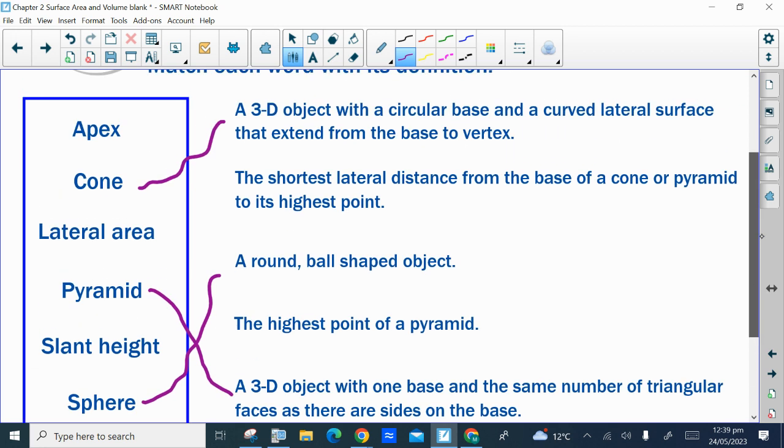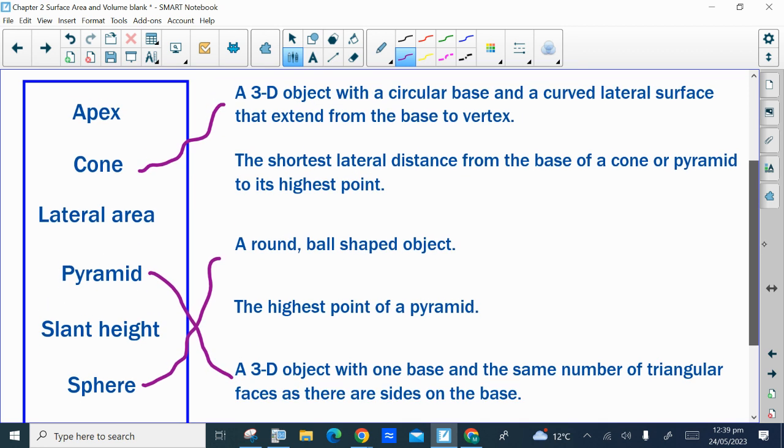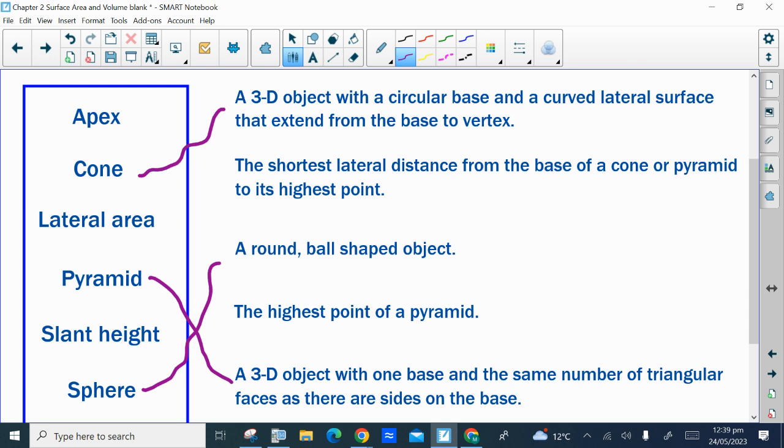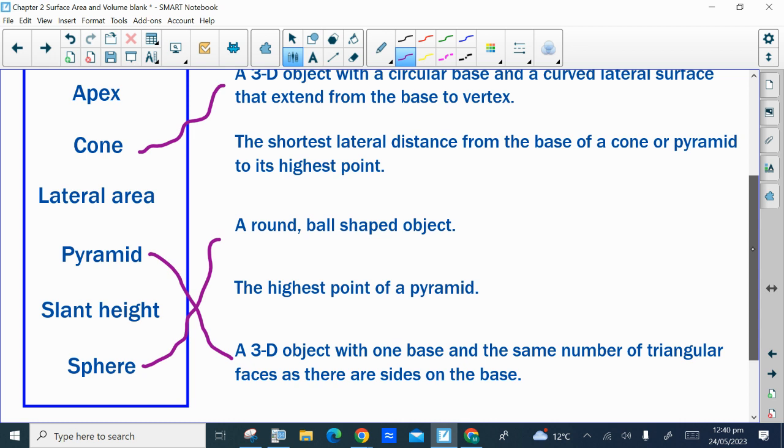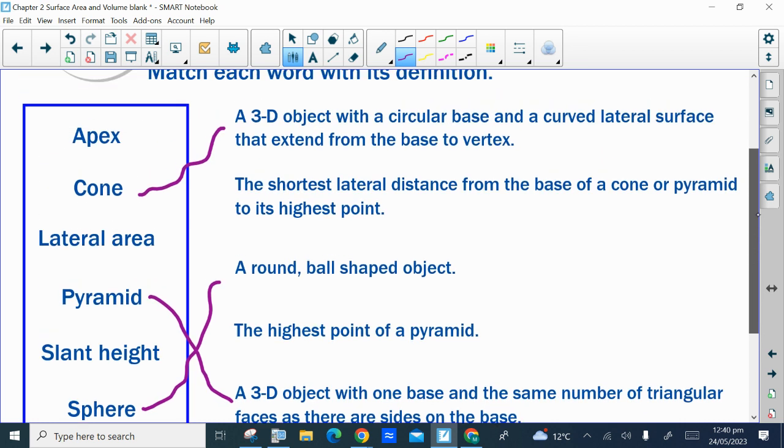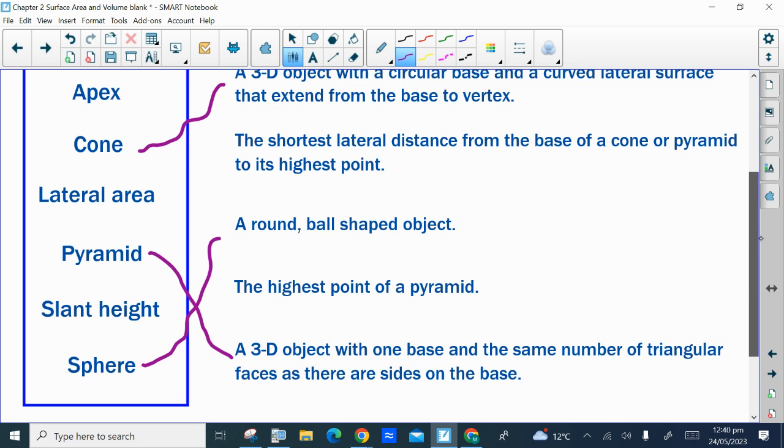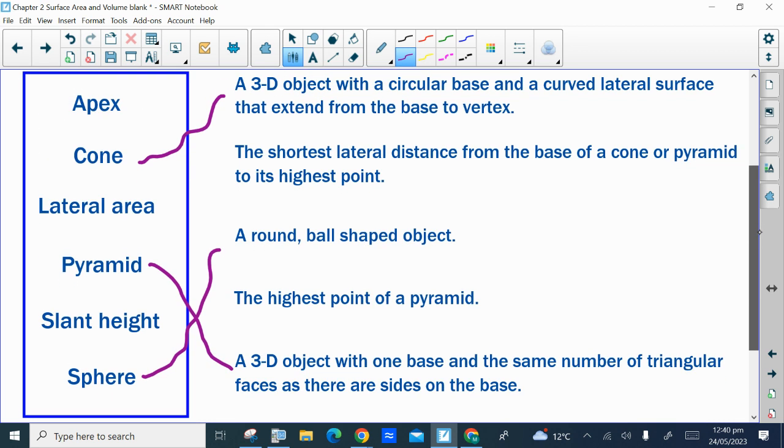So the last 2 definitions that we have: the shortest lateral distance from the base of a cone or a pyramid to its highest point. So you can see we have three things to choose from. The one that'll work here is the slant height.